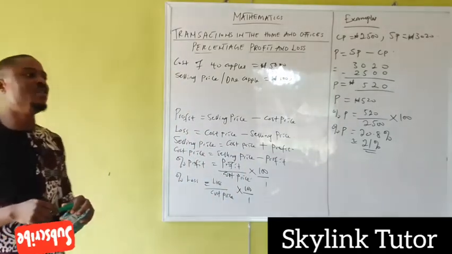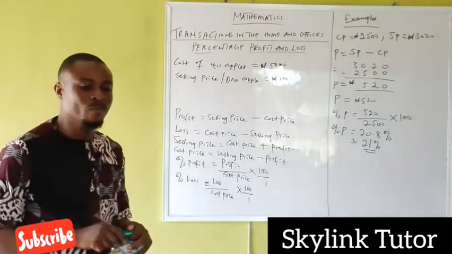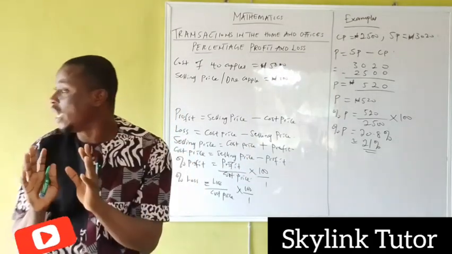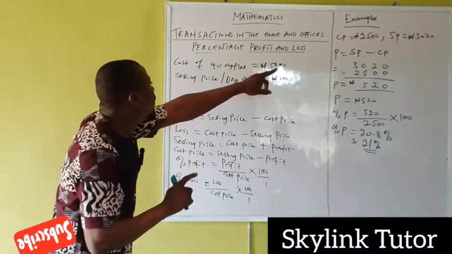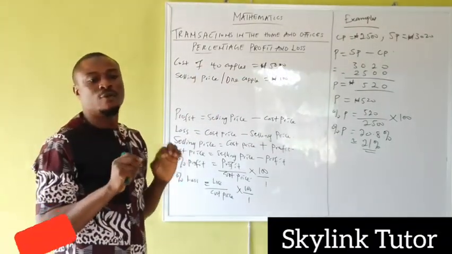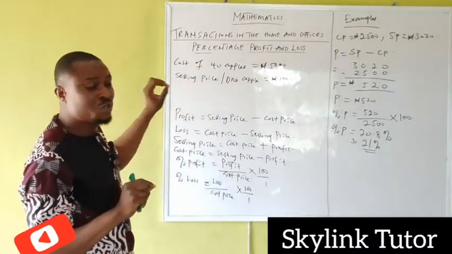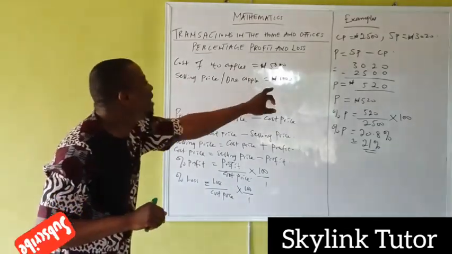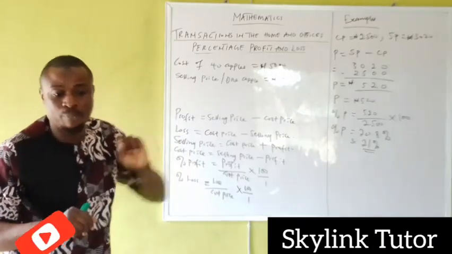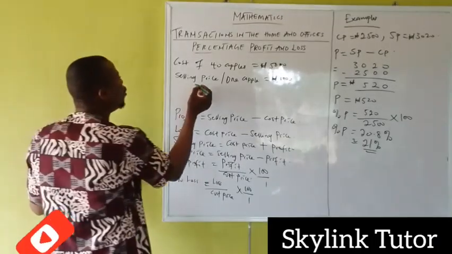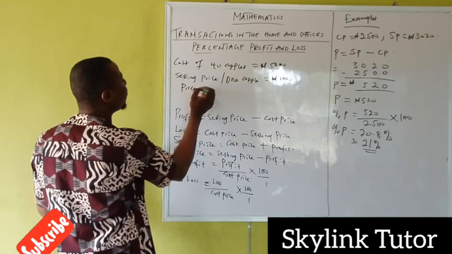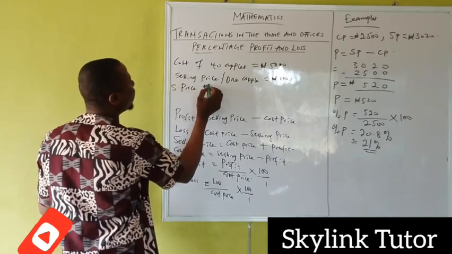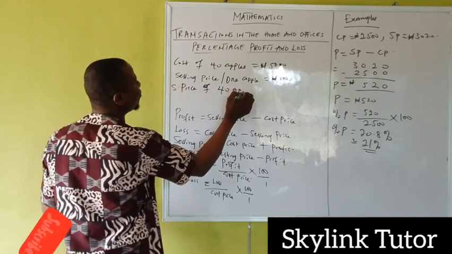The very first thing that you need to tackle here is that all 40 apples was sold for 5,000 naira. When the person took the apple to the street, she started selling it 100 naira per one apple. So you need to look for the selling price of 40 apples now.